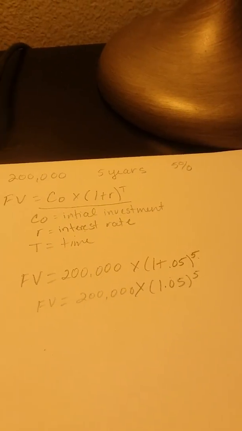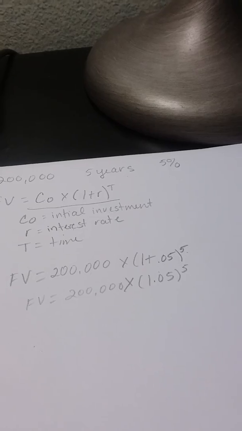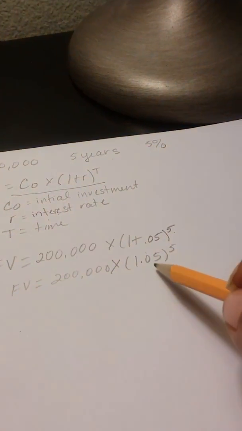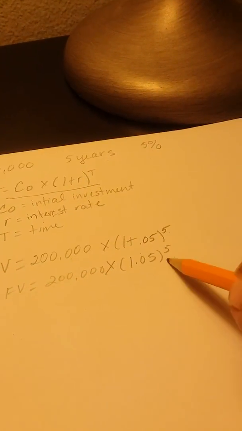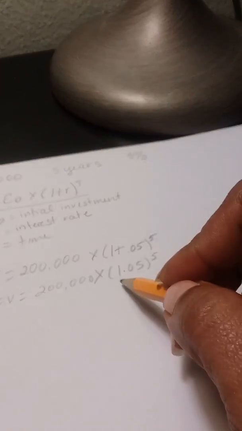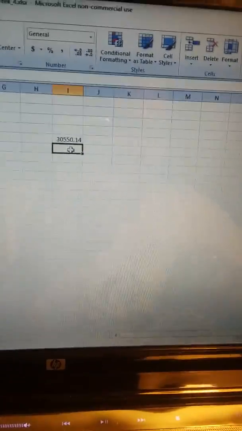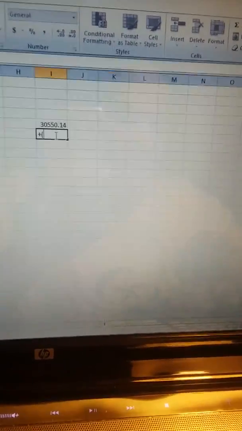So it looks like that. And then we can go ahead and figure this out by simply putting it into Excel. I just like to use Excel as my calculator, and you just pick a cell and you go equals. Don't forget your parentheses. Whoops, looks like I didn't get the equal sign in there.